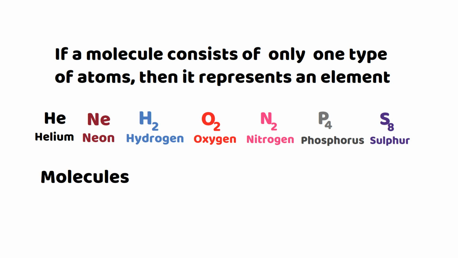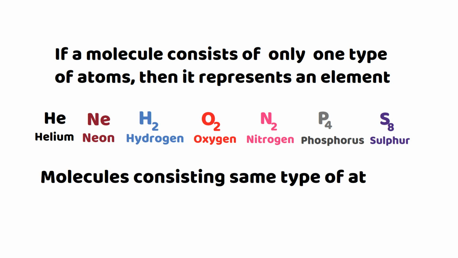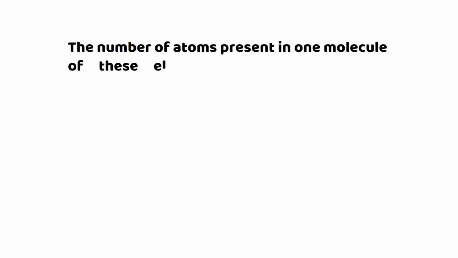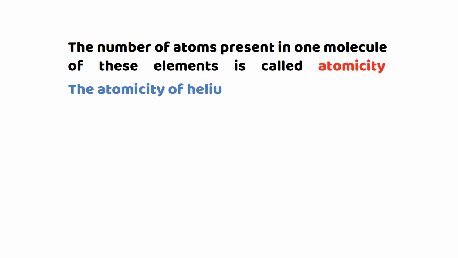Now these molecules consisting same type of atoms are also called homoatomic molecules. The number of atoms present in one molecule of these elements is called atomicity. For example, the atomicity of helium and neon is 1 because both of these molecules have one atom per molecule.